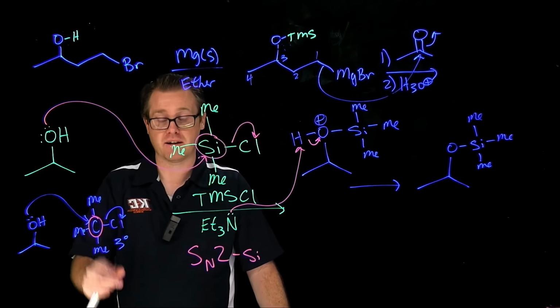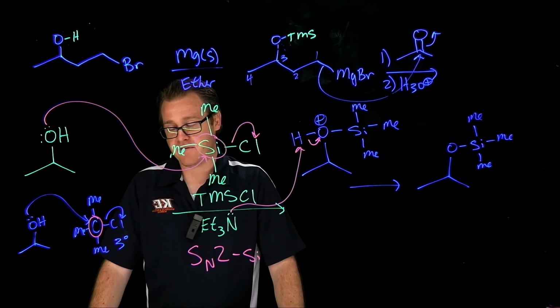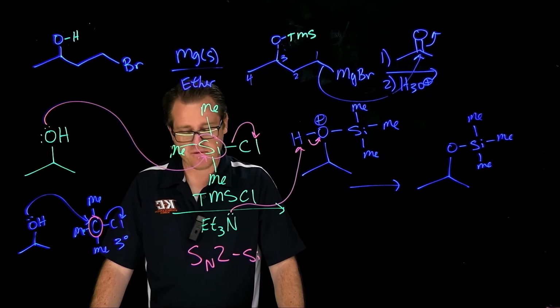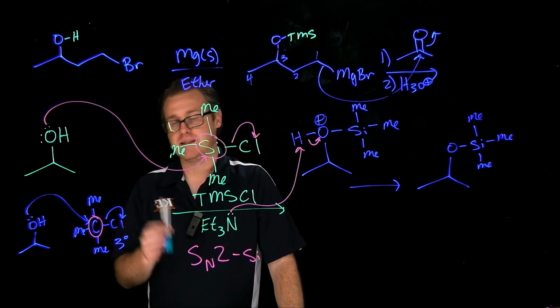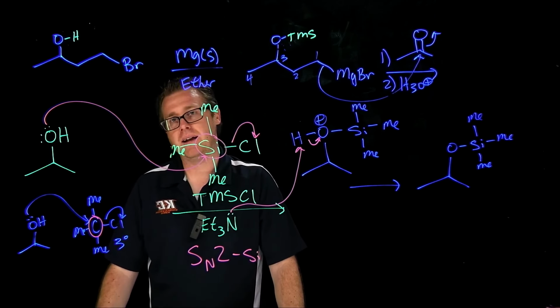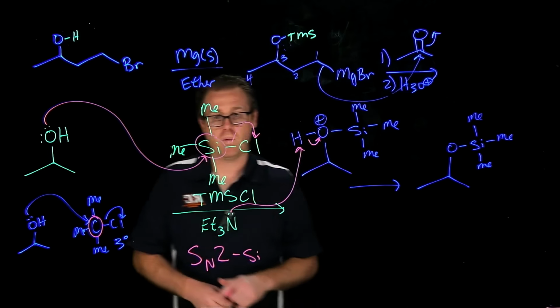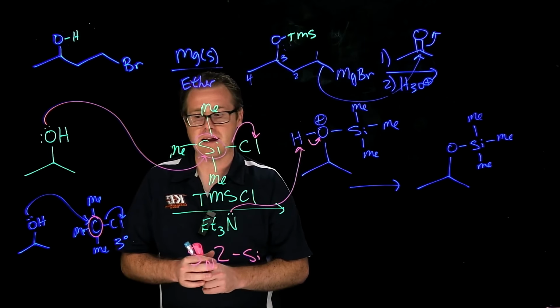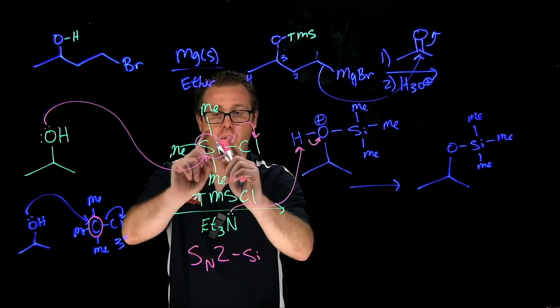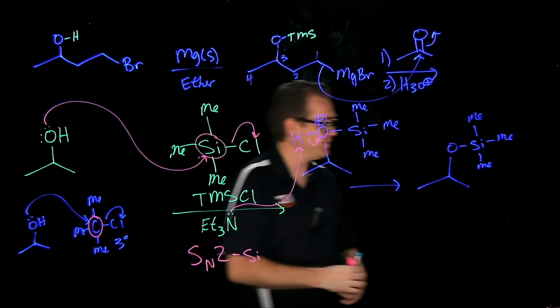It's too sterically hindered. And if we draw a space-filling model, which I can't really do very well, I'm going to attempt it and see if it works. If it doesn't, then we will talk about it in class so I can show you a picture, okay? So what I'm going to attempt to do next is show why it is okay to do an SN2 on this guy but not this guy.